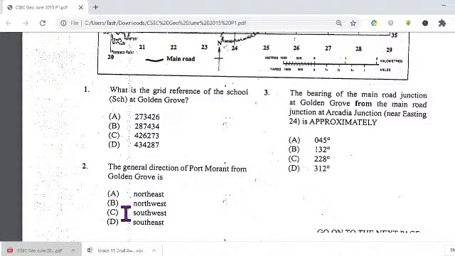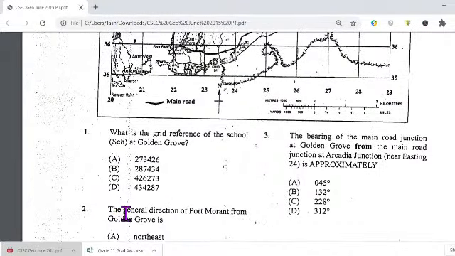Number 3, the bearing of the main road junction at Golden Grove from the main road junction at Arcadia Junction. So notice that they have the word from in bold. It just shows you how important that word is because that is what is showing you where your starting point is.